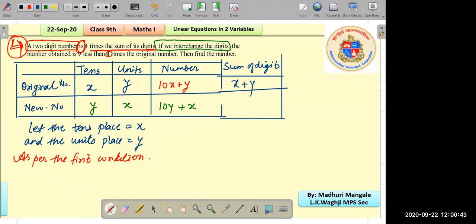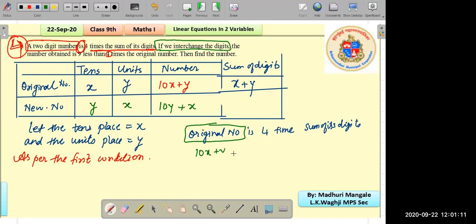Fine. So as for the first condition, it says the original number, that is the 2-digit number, is 4 times the sum of its digits. So we are going to replace the words with mathematical symbols, right? What is the original number? The original number is 10x plus y, correct? Is means equal to. 4 times means multiplication.